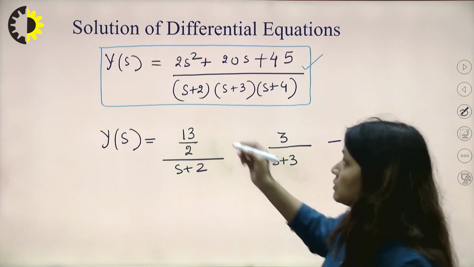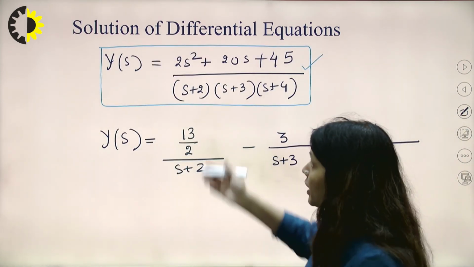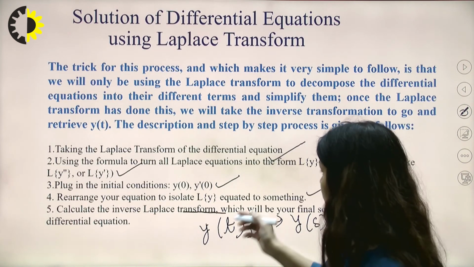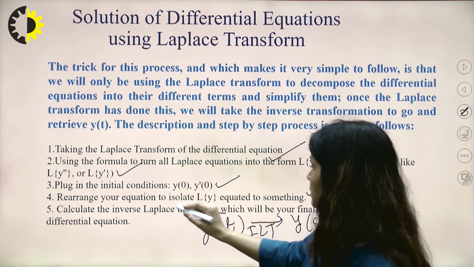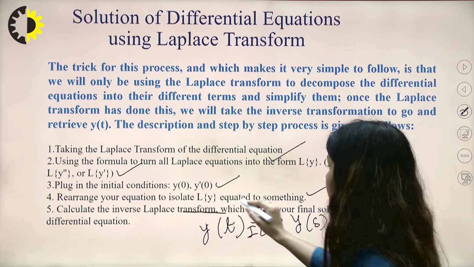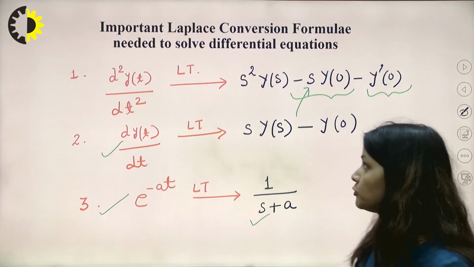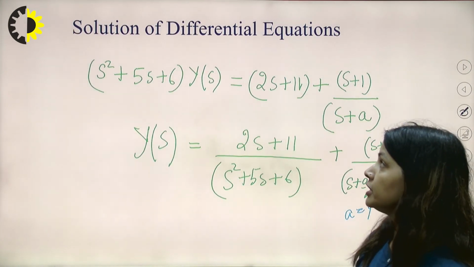So up to this step we have isolated Y(s) and equated it to something. Up to the 4th step we have reached.